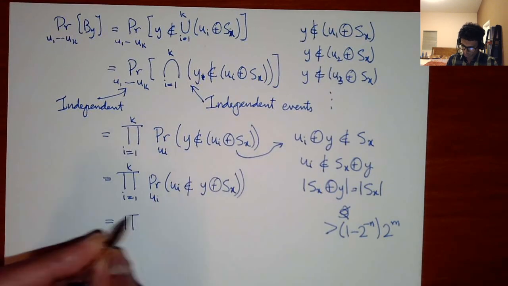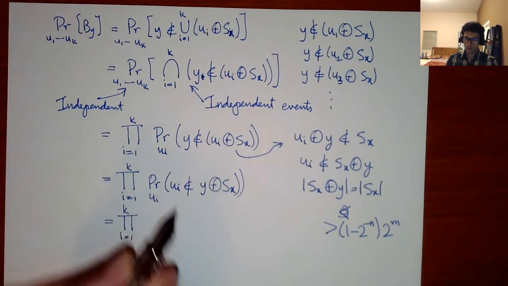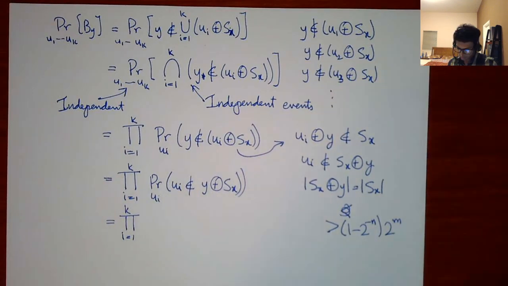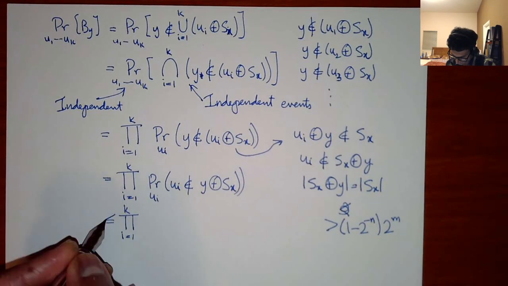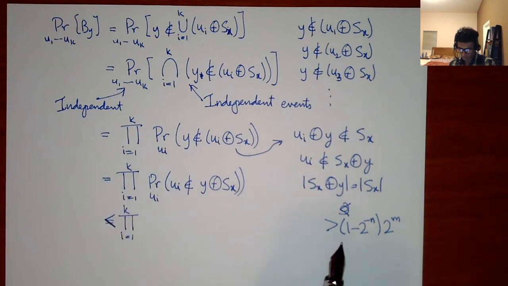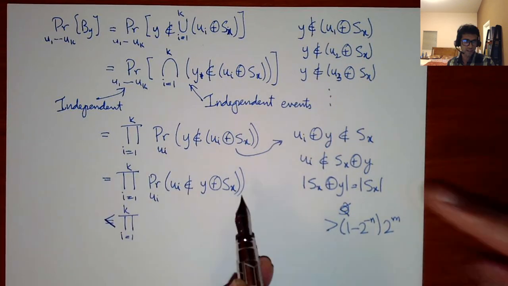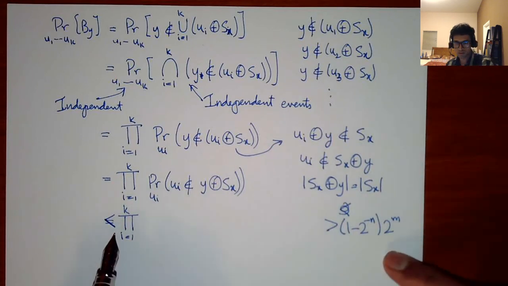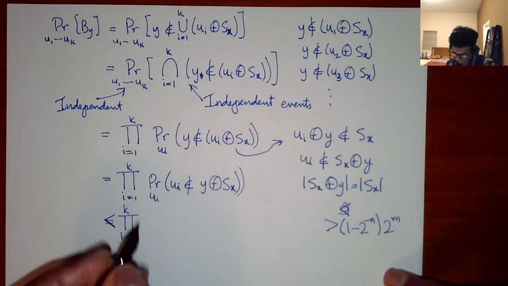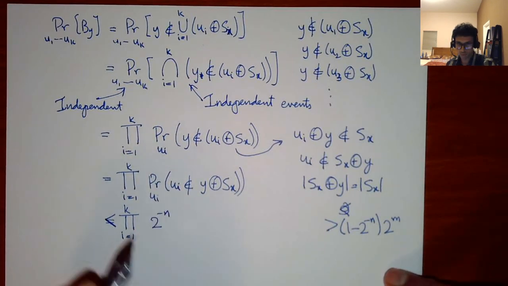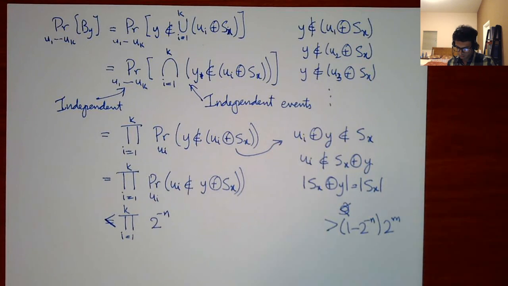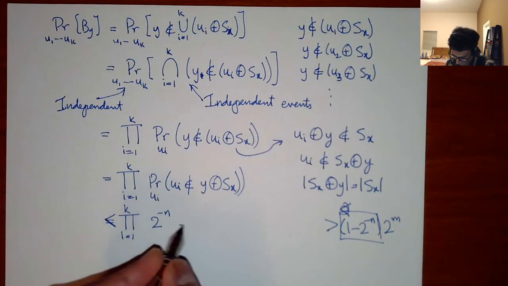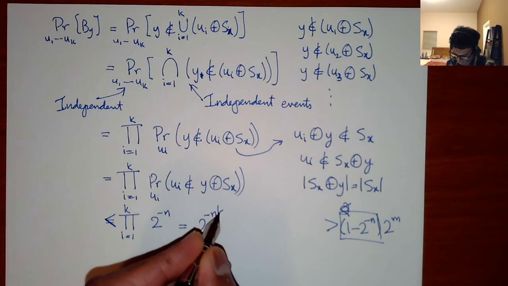Each of these probabilities is simply 1 minus this ratio, since the shift of Sx has the size of Sx, which is extremely large. And this is now at most 2 to the minus n times k.